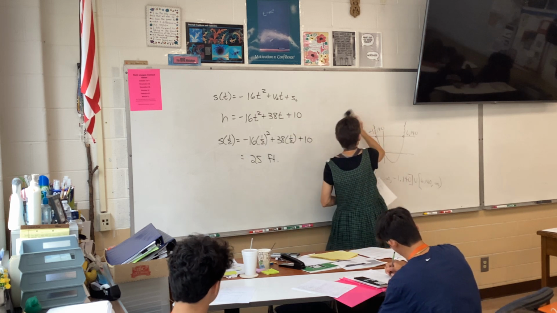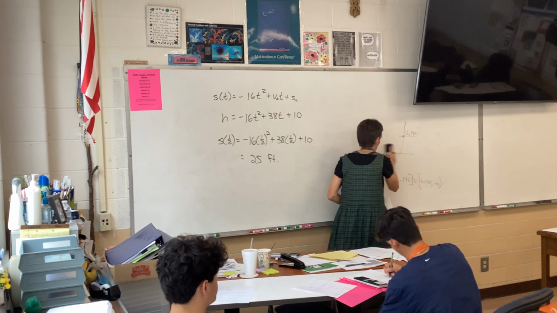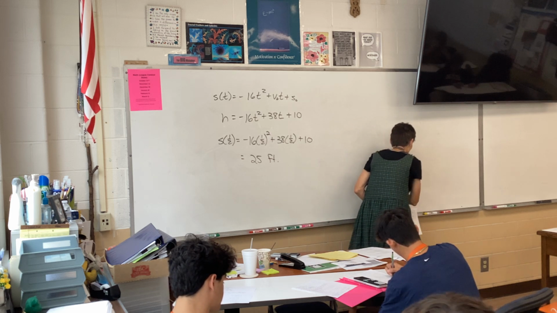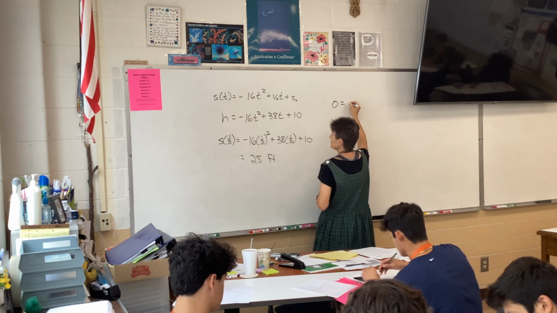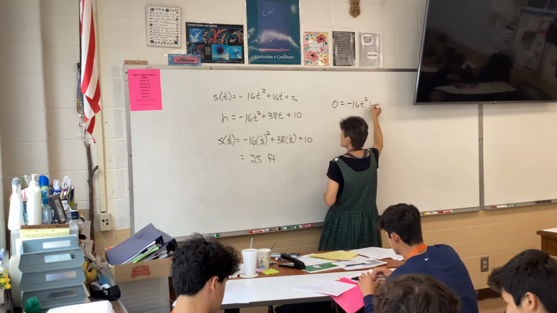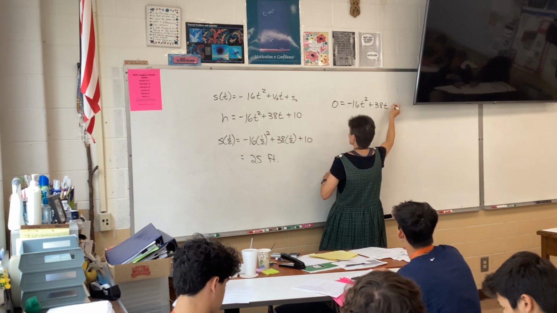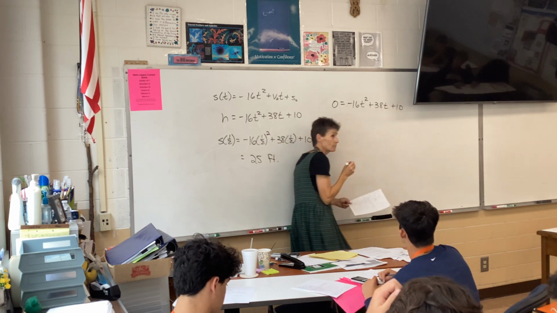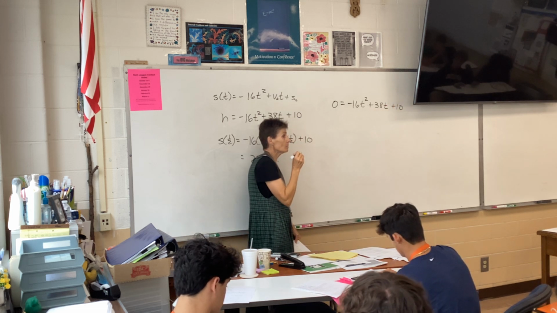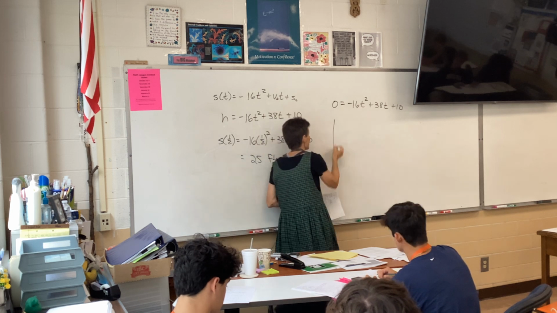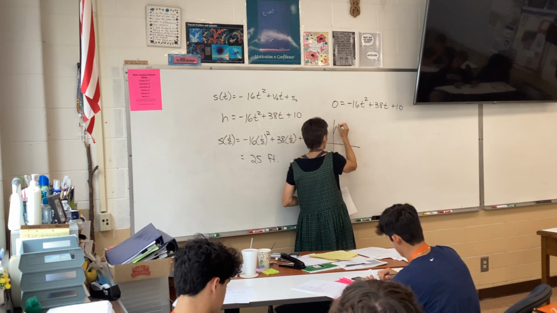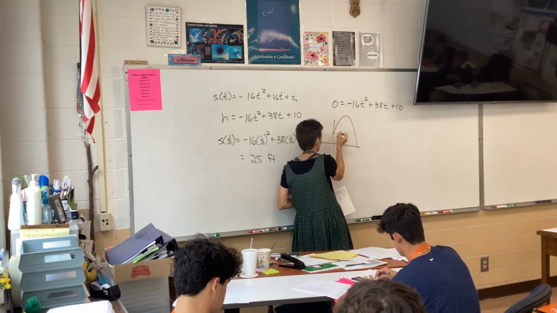When is the ball gonna be on the ground? That's when the height is 0. So that equation is going to look like this. So if you graphed that on your calculator, that picture is gonna look like this because the ball came off the building here.